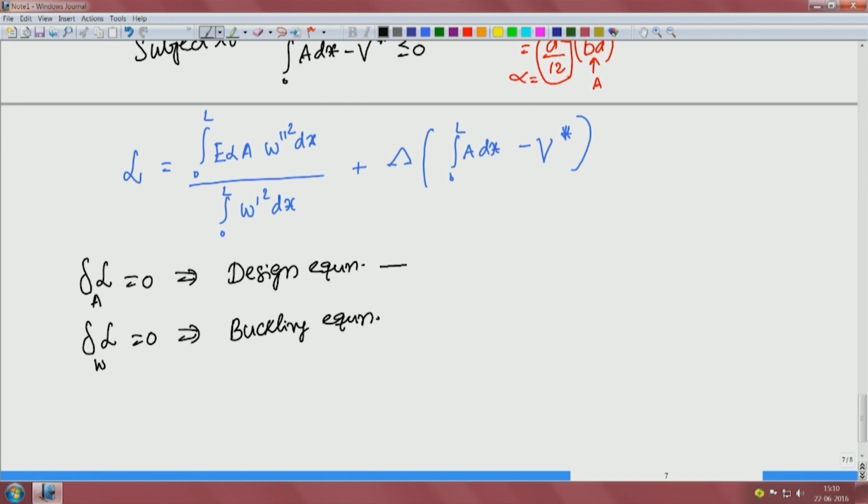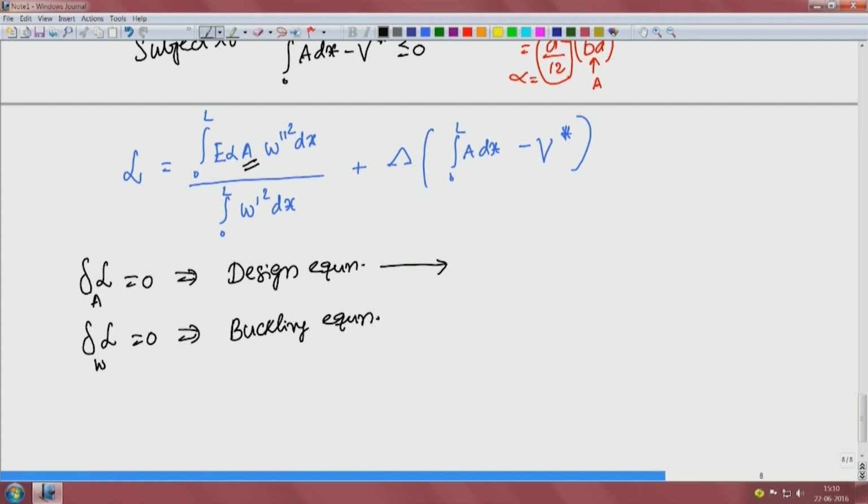So, let us first do this part, the variation of the Lagrangian with respect to A. A here is in the numerator only, so the denominator just stays the way it is. That gives us integral 0 to L of E alpha W double prime square. We can just directly write the Euler-Lagrange equation for it, because this is just a constant in the denominator.